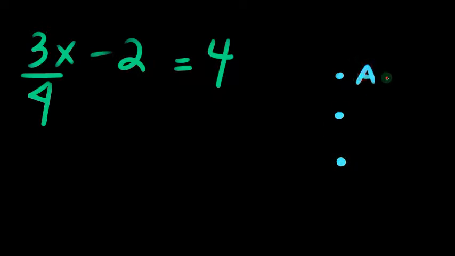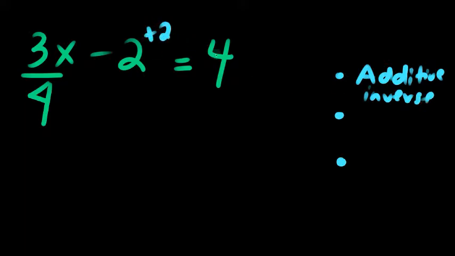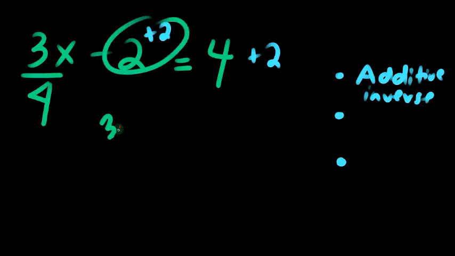First, we still need the additive inverse concept. So in the case of this -2 here, we have to add 2 on both sides. And as we eliminate the -2, we're left with 3 over 4x equals 6, because 4 plus 2 equals 6.